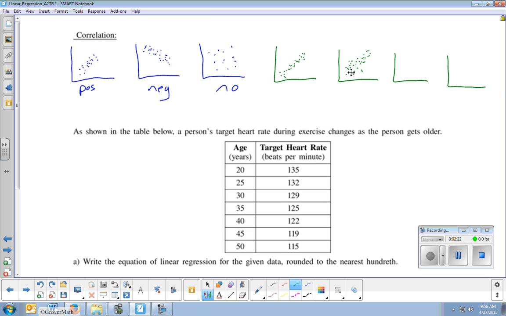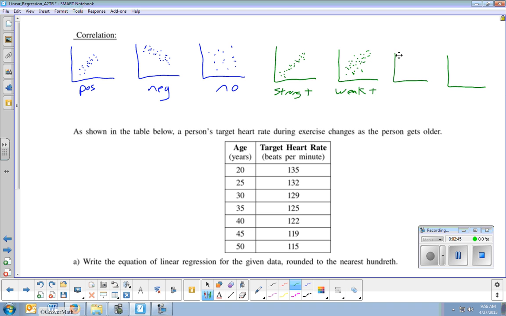Now, this would be a strong positive correlation. You see how it's really tight together, and the tighter it resembles a straight line, the stronger it is. This is a little bit looser, so this would be a weak positive correlation.